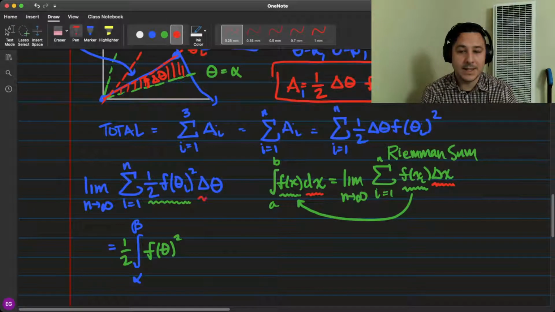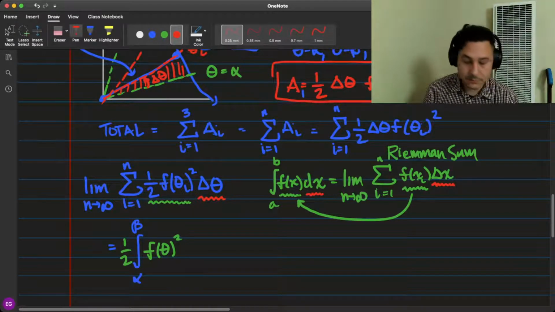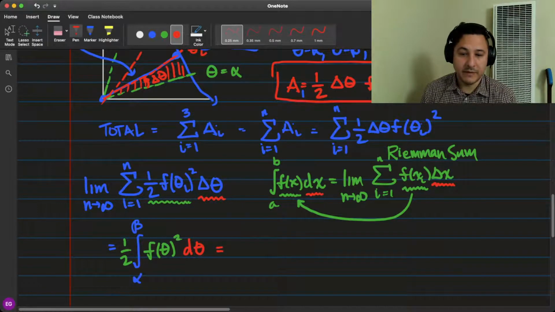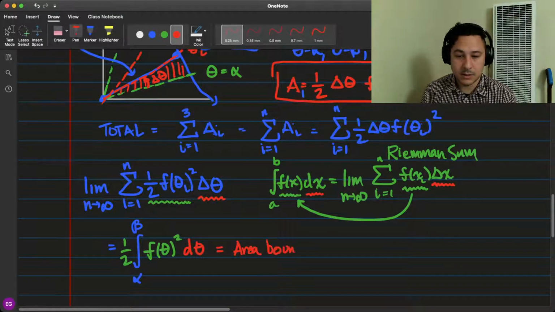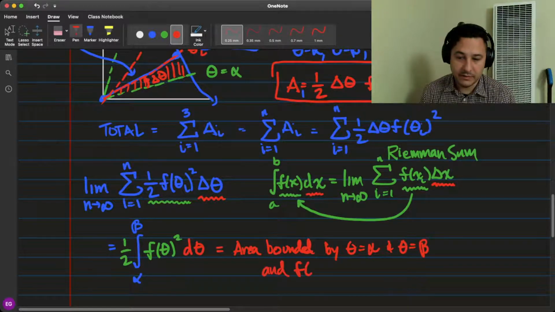And now what happens to delta theta? So what does my delta theta become? Yep. Boom. This is the formula for finding the area bounded by theta equals alpha and theta equals beta and f of theta.